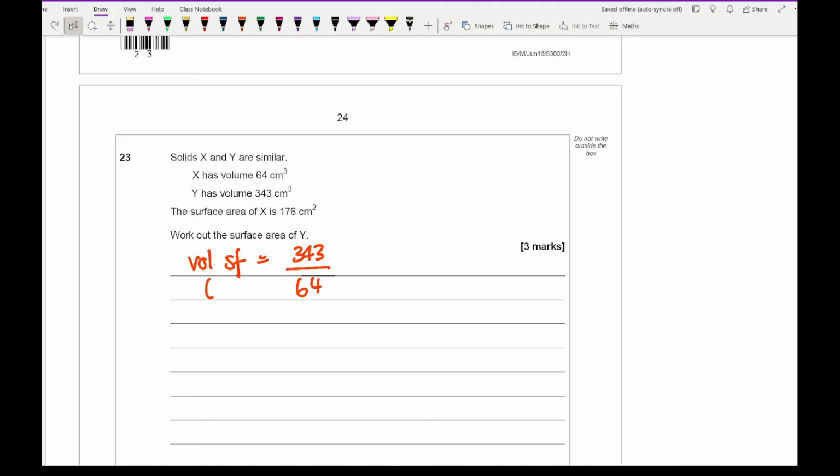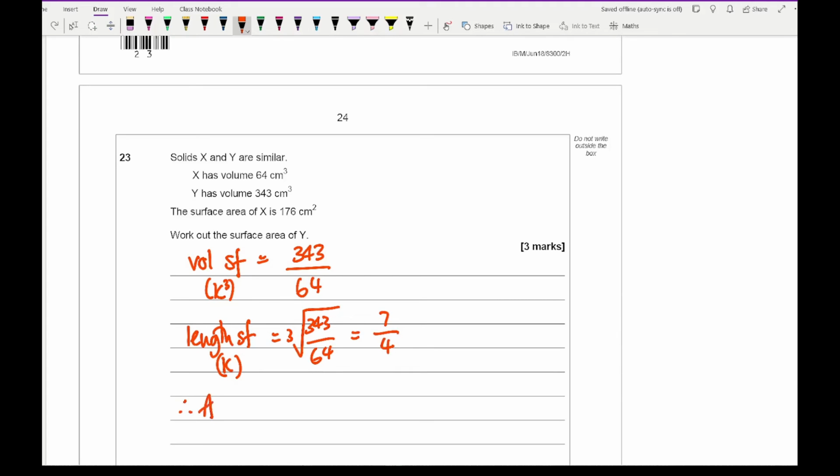Now the volume scale factor is k cubed, and if I leave it as that, then I find that the length scale factor, which is k, is going to be the cube root of 343 over 64. And I notice that those two numbers are cube numbers, so that then becomes 7 over 4.